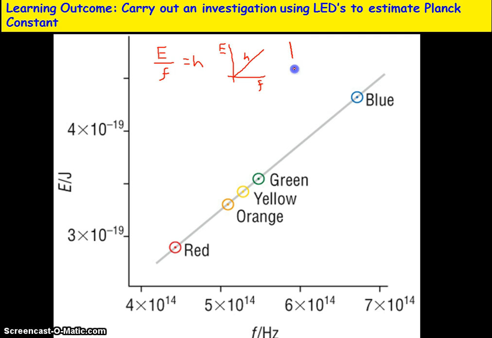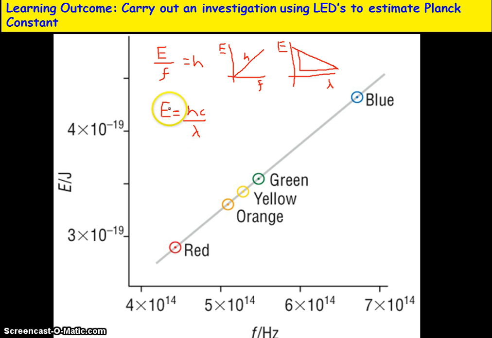So if I plotted a graph of energy against wavelength, then you would get a negative gradient to show that it's inversely proportional. The gradient this time, if we think about the equations that we've been doing, so E is equal to hc over lambda.